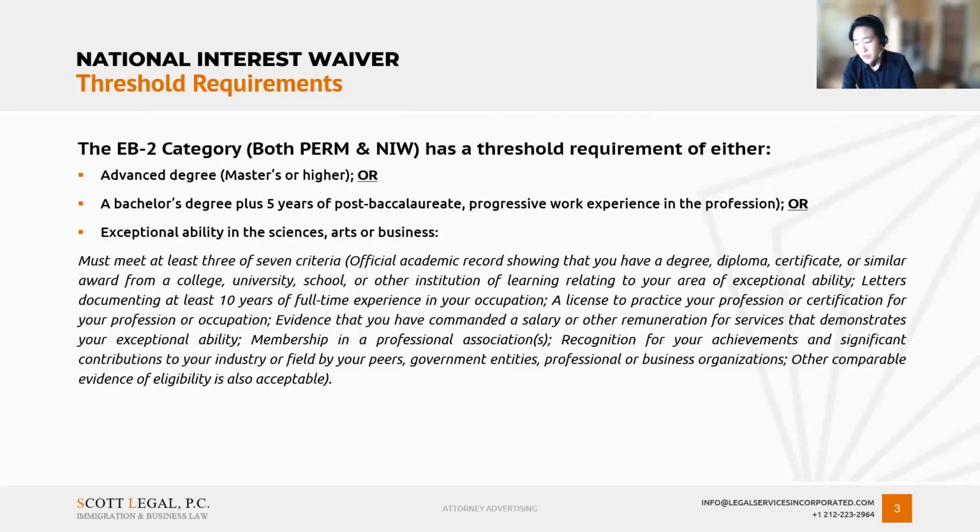Now, important things to note is if it is not a US degree, you do need a US education equivalency report that confirms that this is the same level degree in the US standards. So certain master's degrees from certain foreign countries, actually, when you do that evaluation, you get the report and they say, oh, actually, this is equivalent to a bachelor's. So that can be a surprise for you.